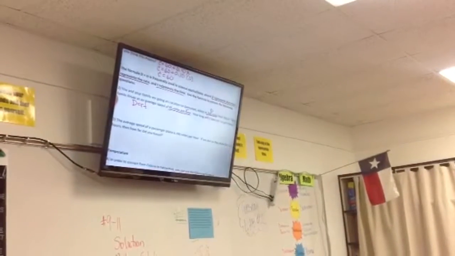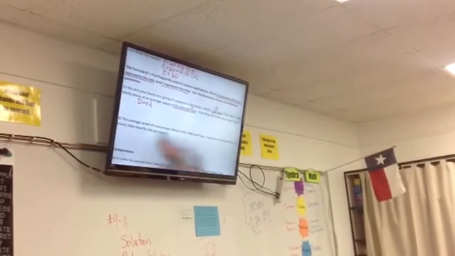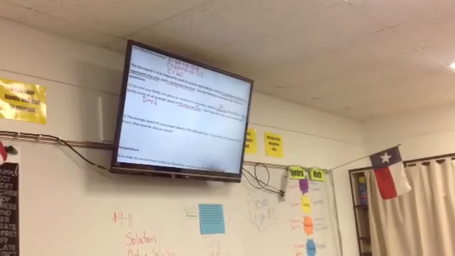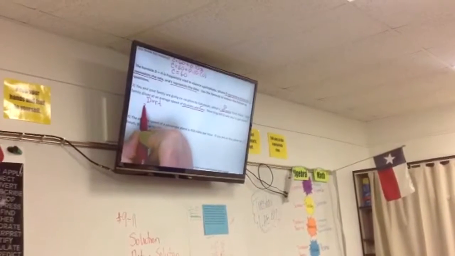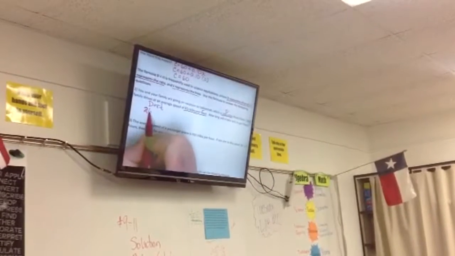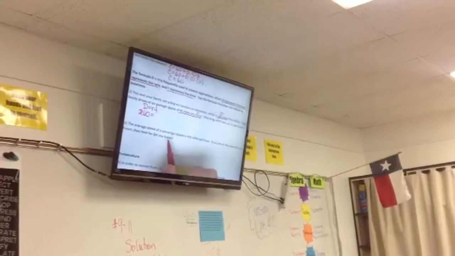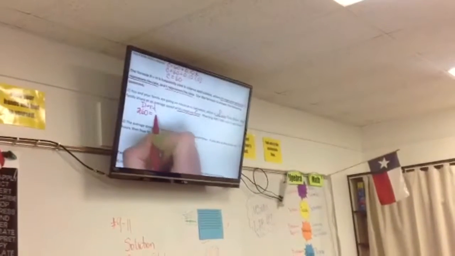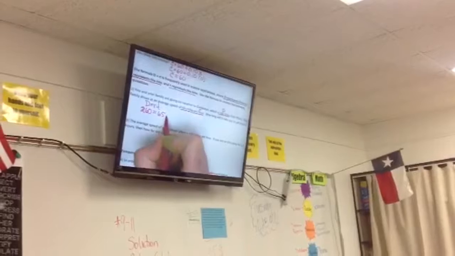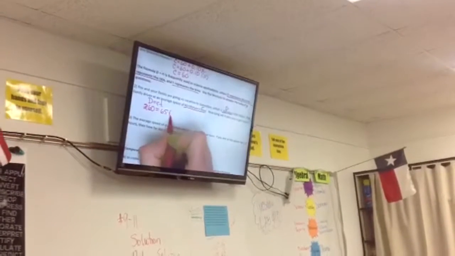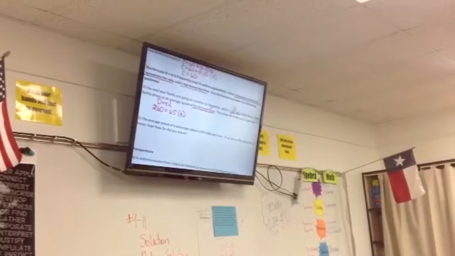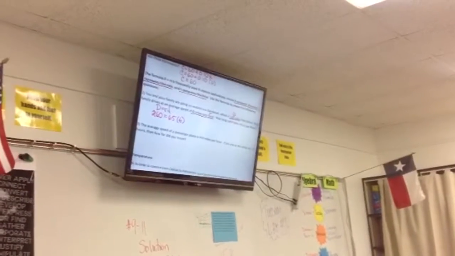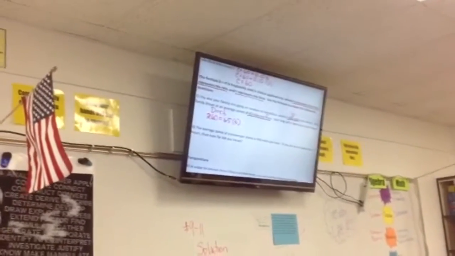So now I have everything chosen. I have to figure out now where it goes in my formula. What is D? 260 equals R. Do I know R? 65 times T. You can just put a T next to it. Now how do I figure what T is?